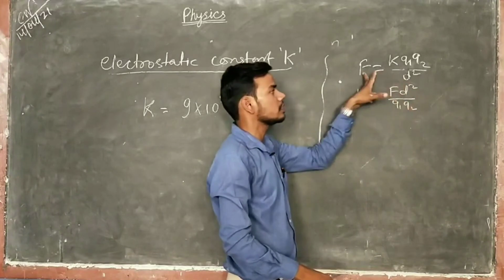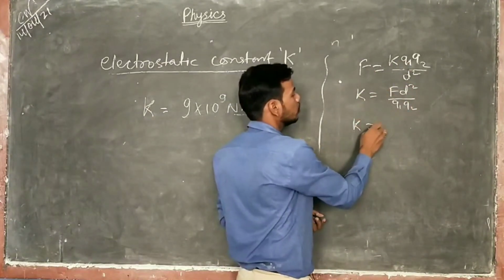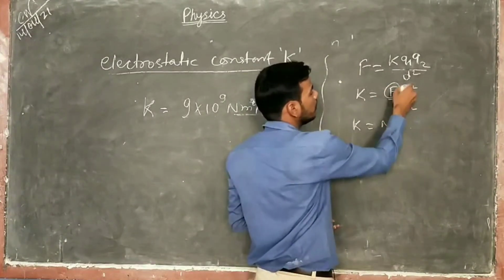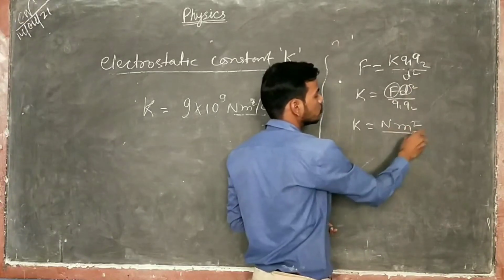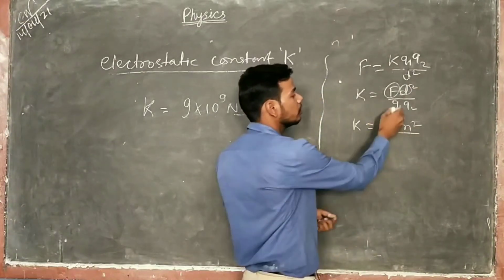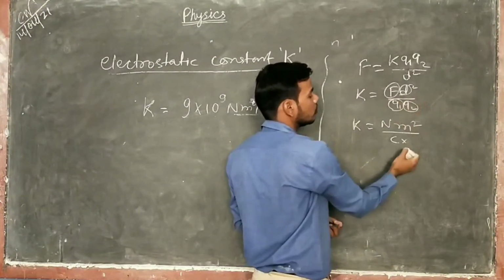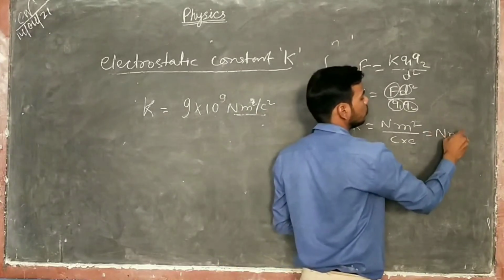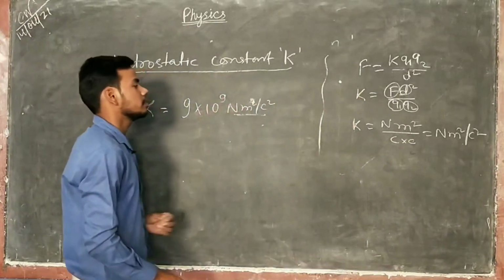Now students, put the SI unit of force, Newton, the unit of distance, meter, with the square, the SI unit of Q1, Coulomb, and the SI unit of Q2, again Coulomb. So you will finally get Newton meter square per Coulomb square. That's what I have written here.